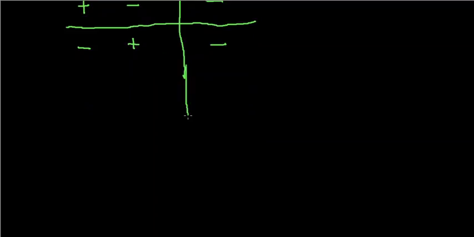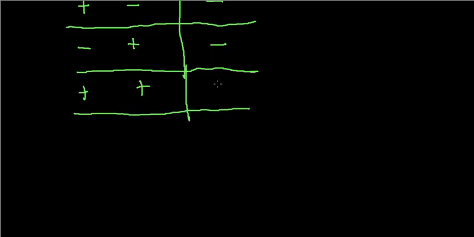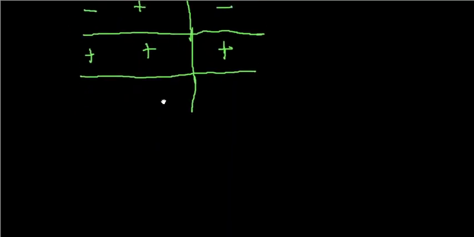Now, I'll give an example of the next one, which should be familiar to all of you. If we say 2 times 3, 2 is a positive number, 3 is also a positive number, the result should be positive. Here's the tricky part.